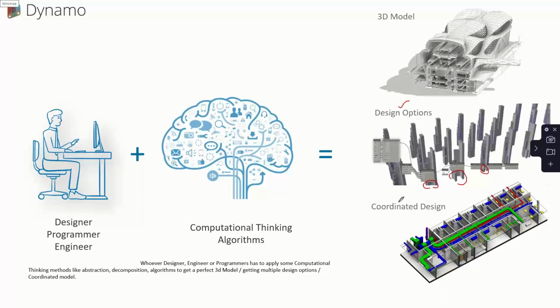And there is one more thing, a coordinated design. What is a coordinated design? For example, if you are an MEP person, and this is an electrical room, and there's one more room, and you have to pass a cable tray from this room to that room.